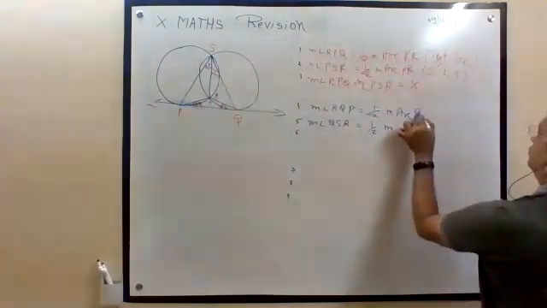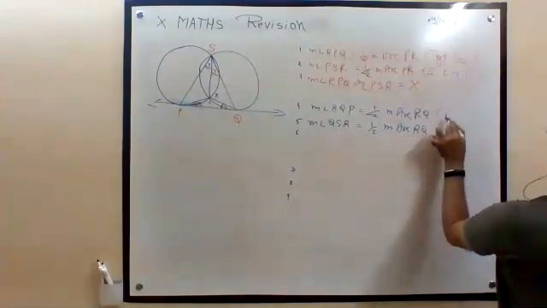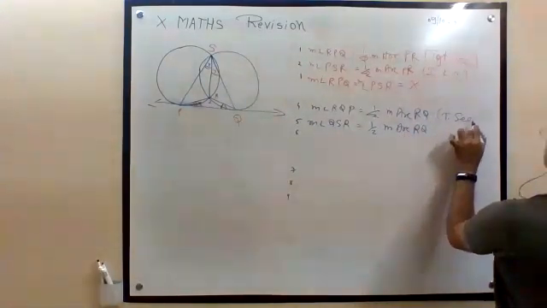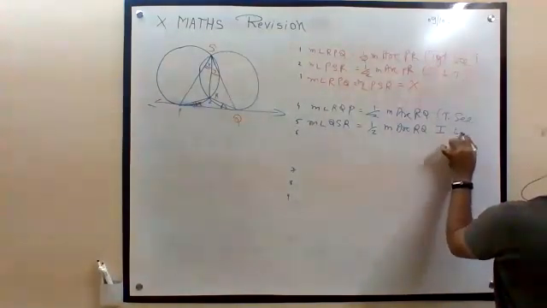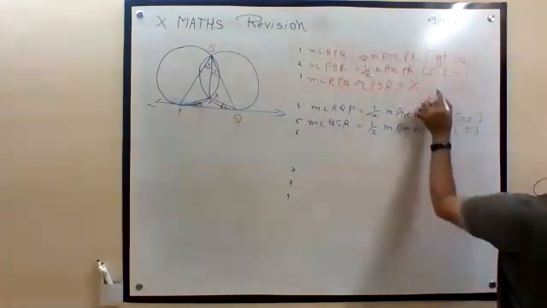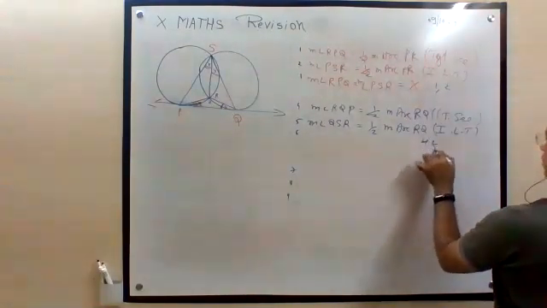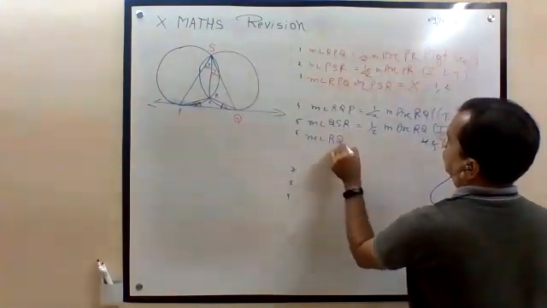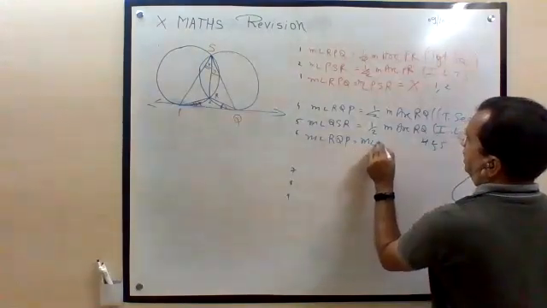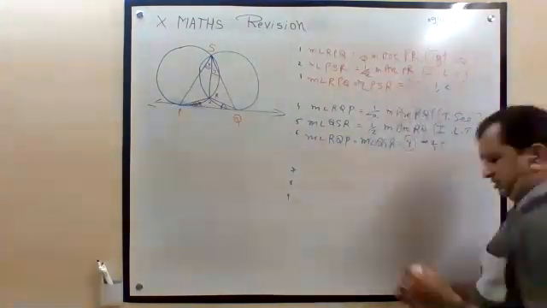Half of arc RQ. Again, tangent secant and inscribed angle theorem. This is from first and second. Now fourth and fifth, so both are equal. Measure angle RQP is equal to measure angle QSR is equal to y.